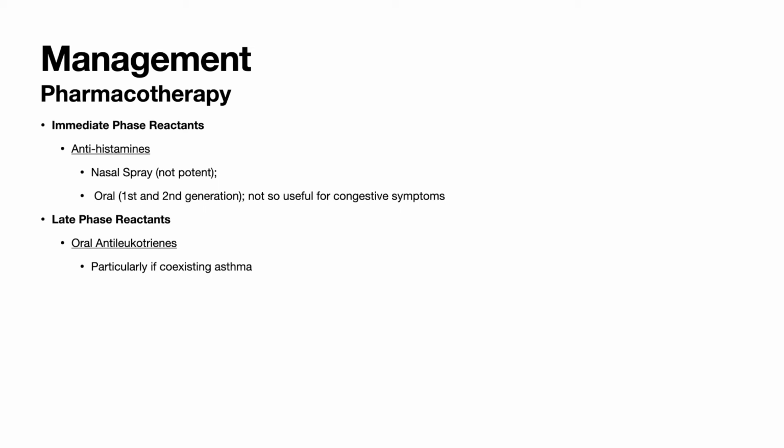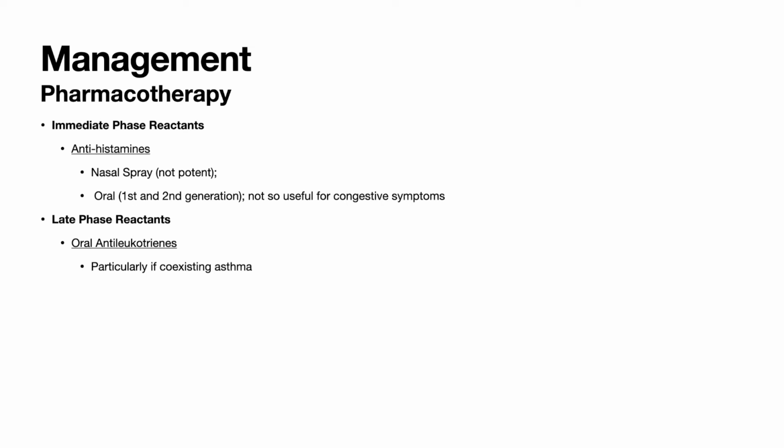One such drug are oral anti-leukotrienes that inhibit the synthesis of or block the effects of leukotrienes. Because leukotrienes also increase bronchial tone, they are particularly useful if a patient has coexisting asthma.